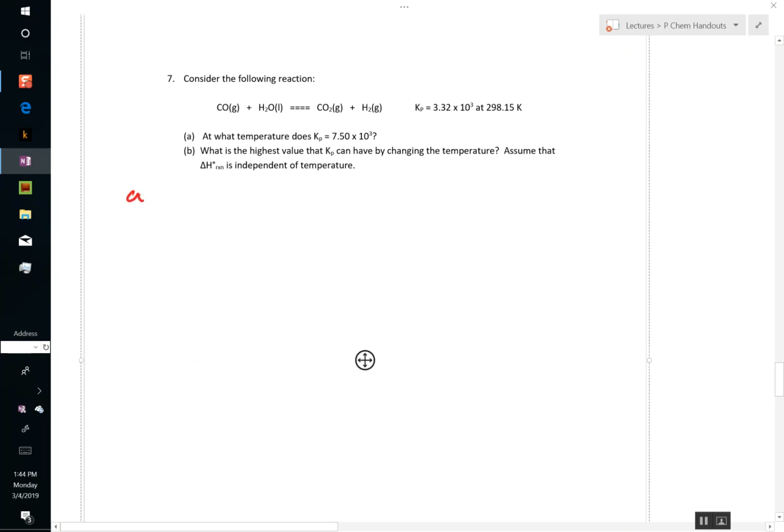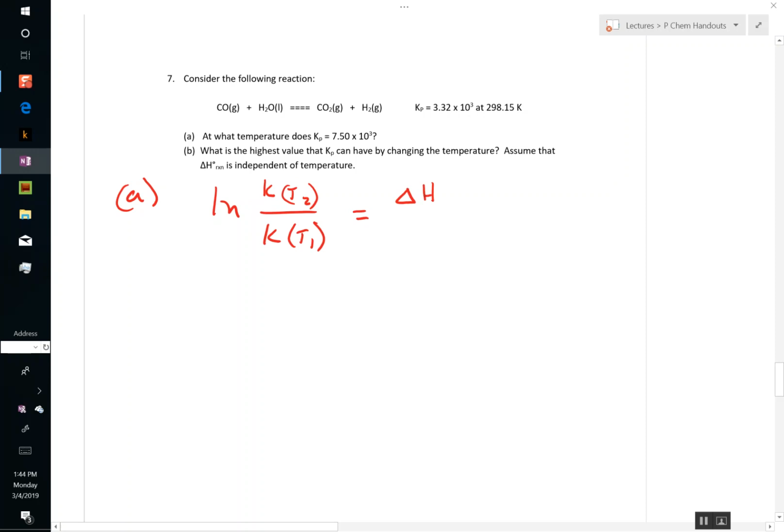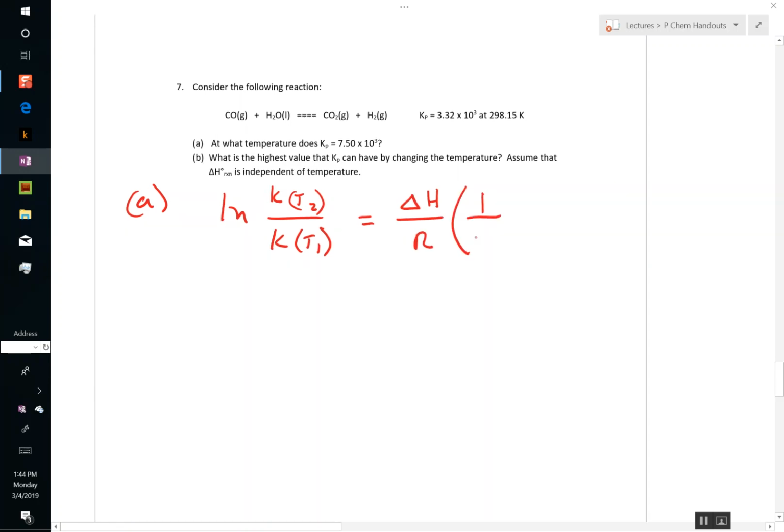Well, for A, find this equation. Is that like K times T2 or is that just K at T2? K at T2. We're not actually multiplying by 2. Think of it as K sub T2.